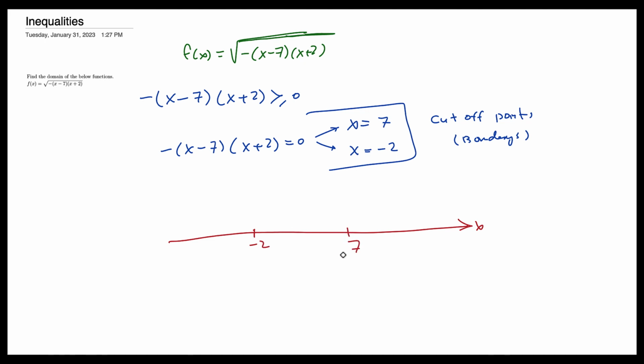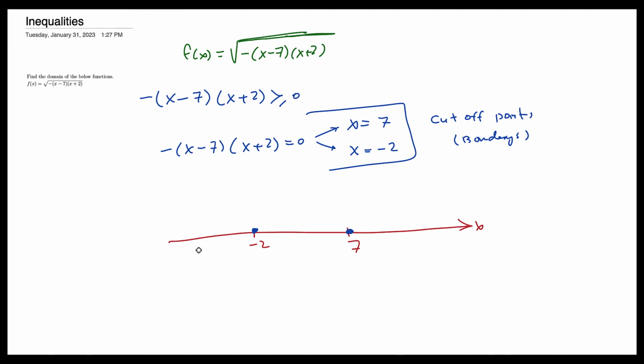Now I use test points. One thing that I know is that because there's an equal sign in this inequality, these 2 points are going to be included. So I fill them in, and then I go for test points.